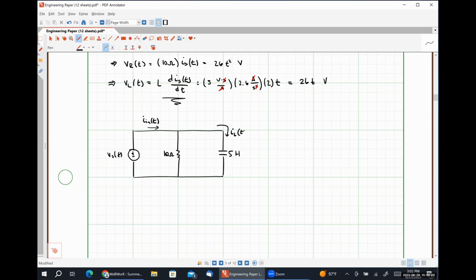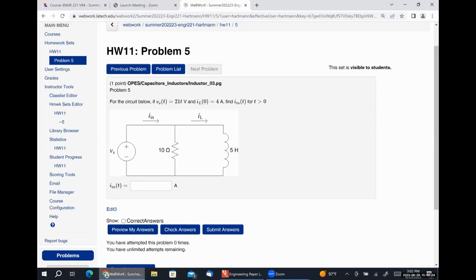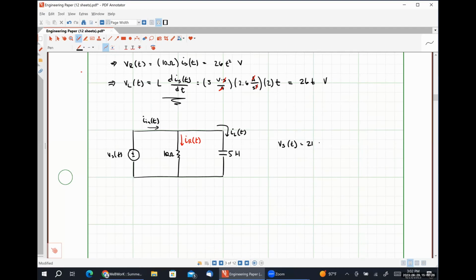And I believe this is specified to be the inductor current. Yes. So one other piece of information that we're going to wind up needing is this resistor current. And finally, we were told that Vs was 21t volts and I_L of 0 was 4 amps.